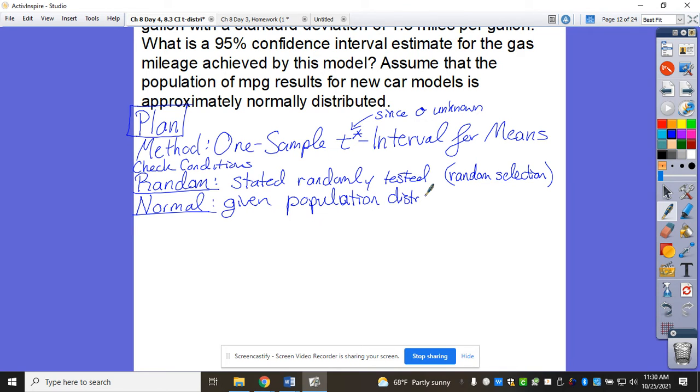Even though it said population of miles per gallon results for all this, that's fine. Given the population distribution is approximately normally distributed. So what?